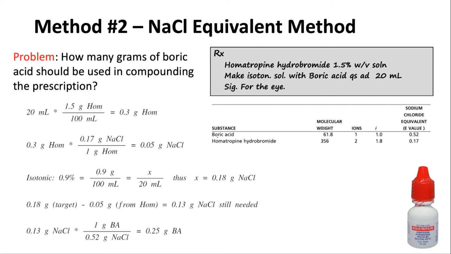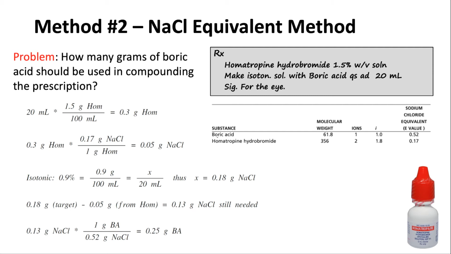What we now need to know is, since we will have 0.3 grams of homatropine, how much sodium chloride would that mimic? How much sodium chloride would that be equivalent to? So let's take the 0.3 grams of homatropine and multiply it by the E value for homatropine, expressed as 0.17 grams of sodium chloride on the numerator over 1 gram of homatropine, so that the units of grams of homatropine cancel and we will have grams of sodium chloride.